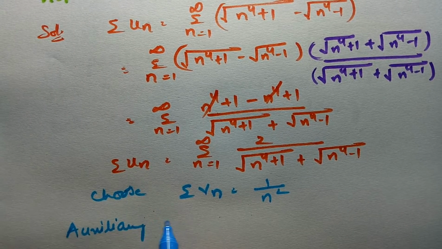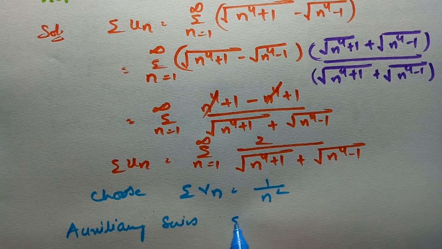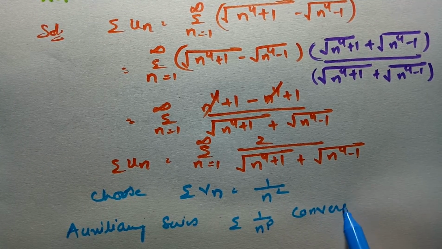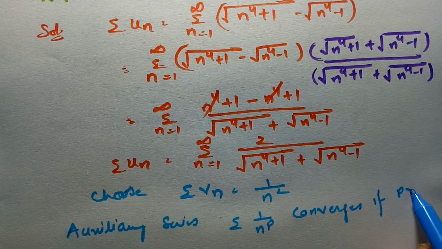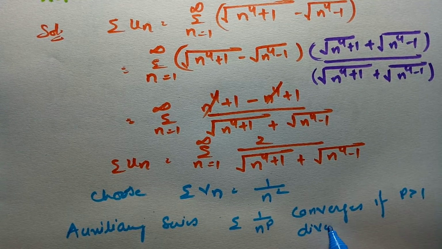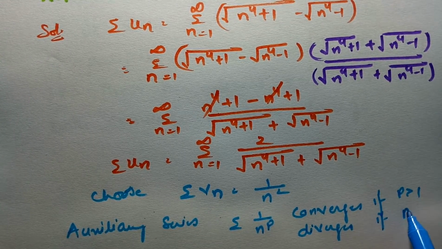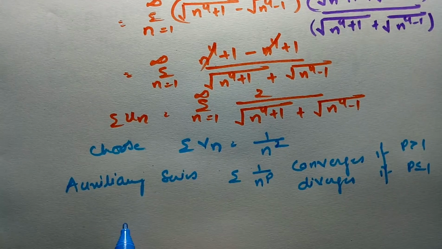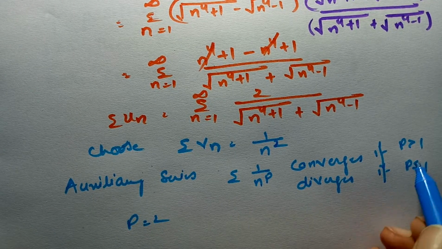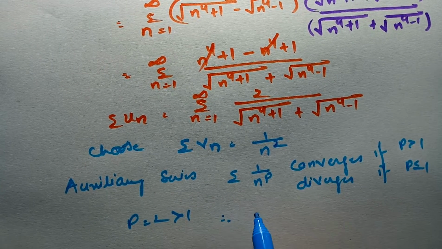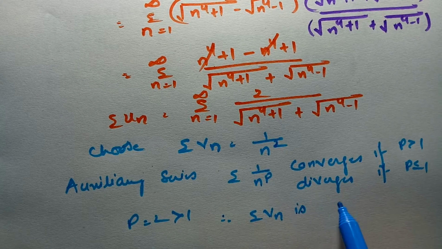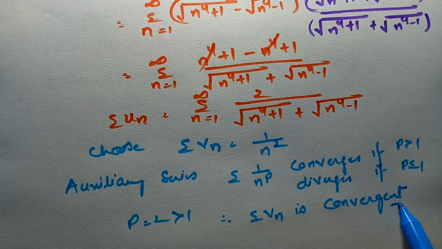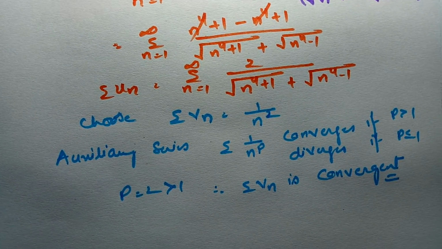Just now I have said that sigma 1 by n power p converges if p is greater than 1 and diverges if p is less than or equal to 1. In this, if I compare p, then the p value is equal to 2. Since p is equal to 2 and this is greater than 1, therefore sigma vn is convergent. It's a convergent series.